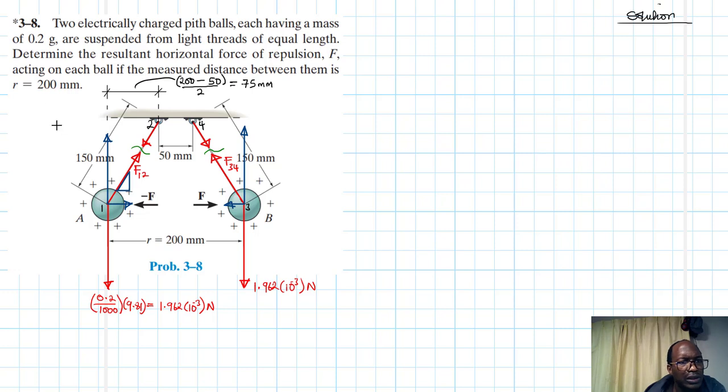How do we find it? This is R, so we can find it. So we need to find this height here. Let's do so. You can use Pythagoras, right? So let's find this height.